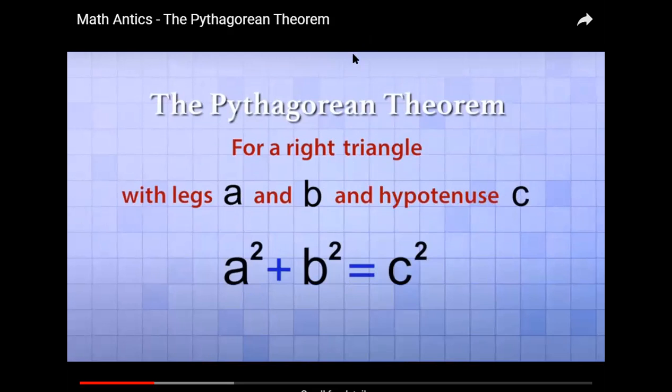So if I want to draw a right angle triangle, the two sides around the right angle are called legs. This one is a leg, and the second one is a leg, and the third is the hypotenuse.